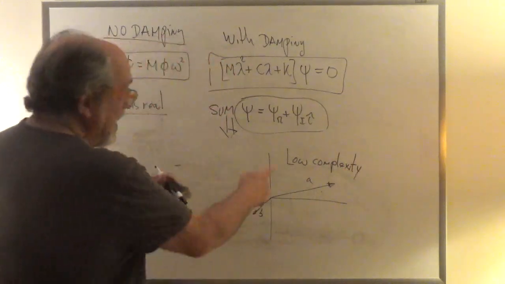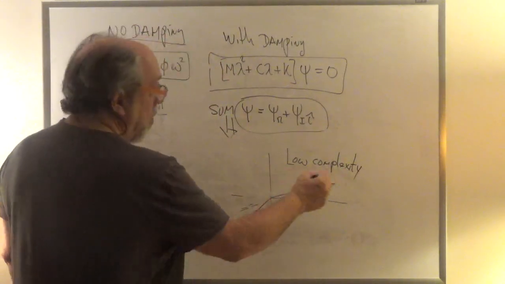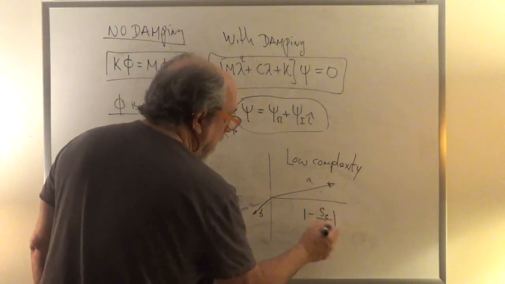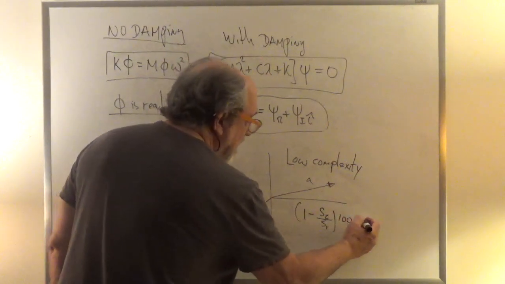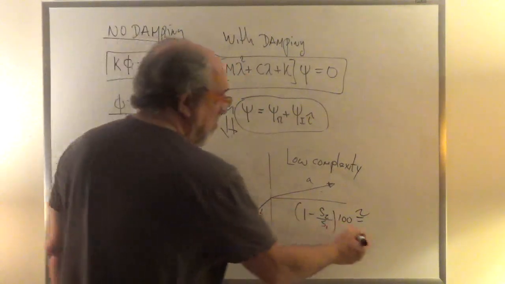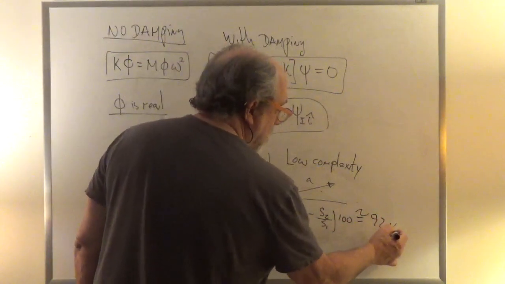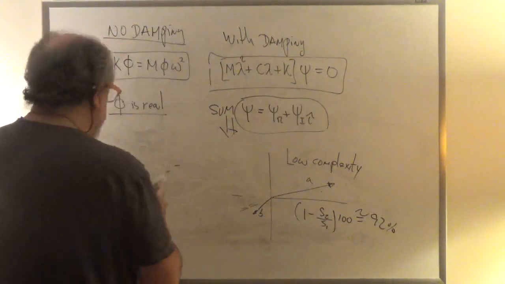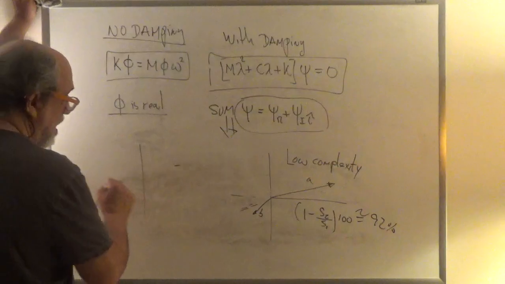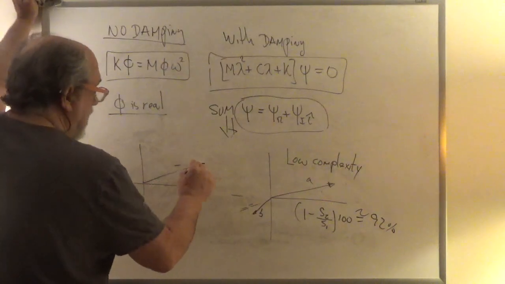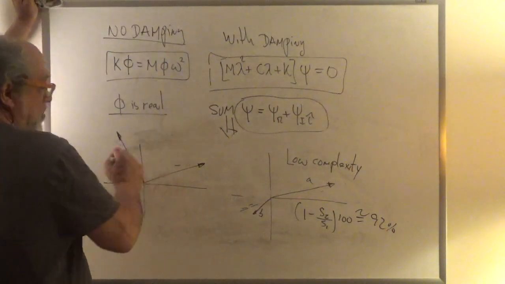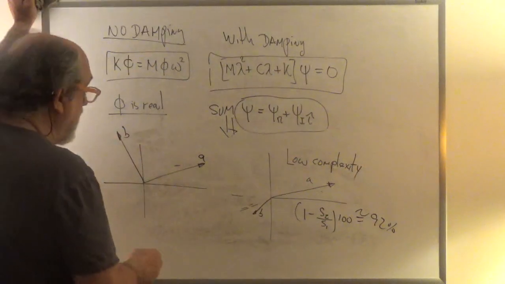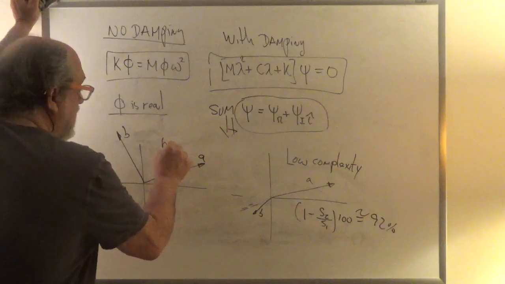Now, in this case, low complexity, 1 minus S2 over S1 times 100 is probably going to be 92 or something like that, right? In the case of high complexity, where one amplitude is like that and the other amplitude is like this, they're way out of phase. There could be more than two, of course, I'm just using the two masses. This would be high complexity.